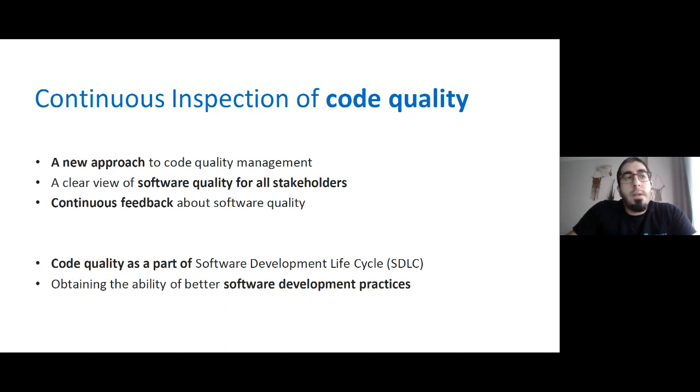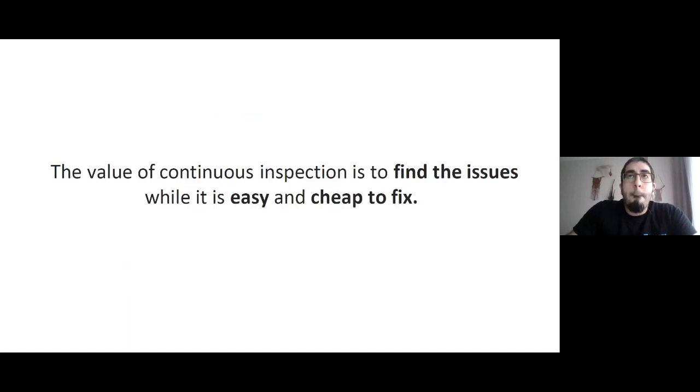And also we experience that by practicing this approach, developers obtain the ability of better software development. The value of continuous inspection is to find the issues while it's easy and cheap to fix. This is the motto of continuous inspection. And it's quite simple: find issues while it is easy and cheap to fix.